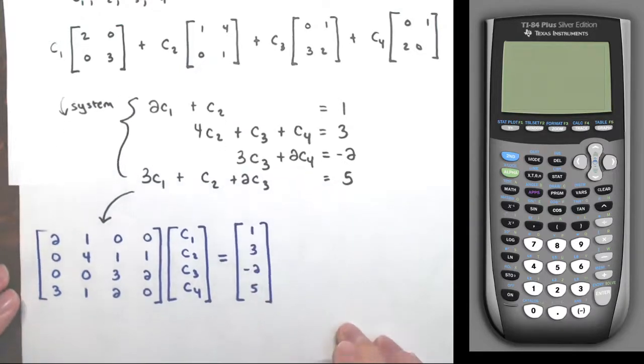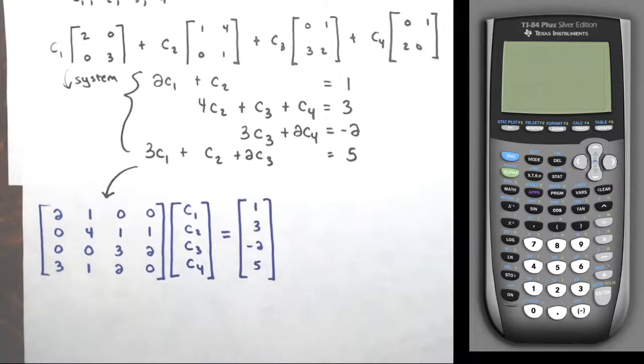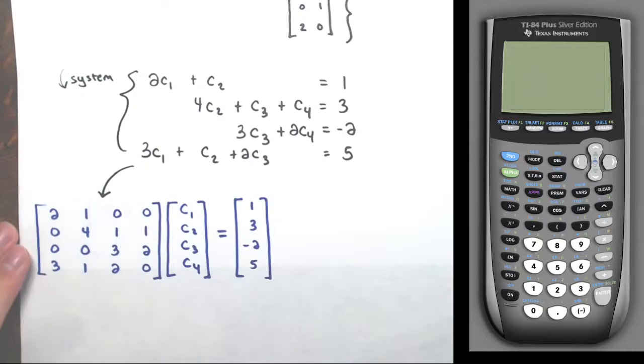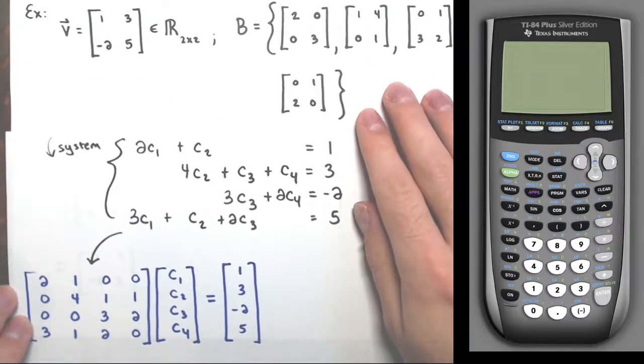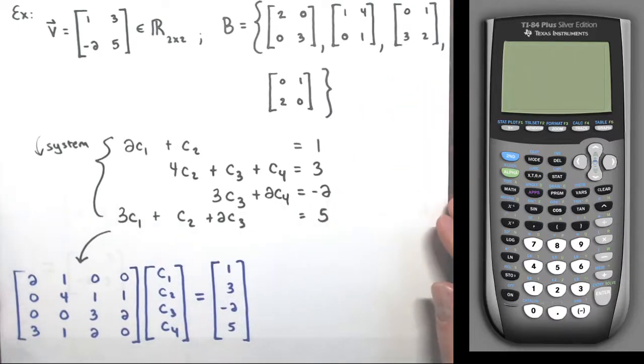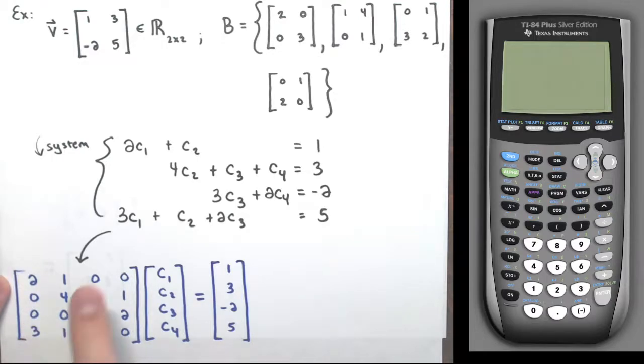So what I'm going to point out here is that when we were in R2 and R3, remember this coefficient matrix, the columns were the vectors from the basis. Well, that's not exactly happening here. This column is not a matrix, it's not a 2 by 2.